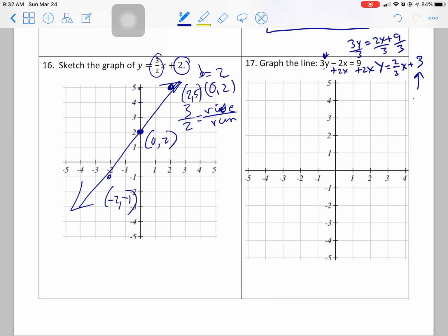So this is my B right there. And then up 2 over 3, or down 2 and back 3. So this was my 0, 3 right there, and that one is negative 3, 1. Yeah, that one is 3, 5. I just need 2 points somewhere, okay?